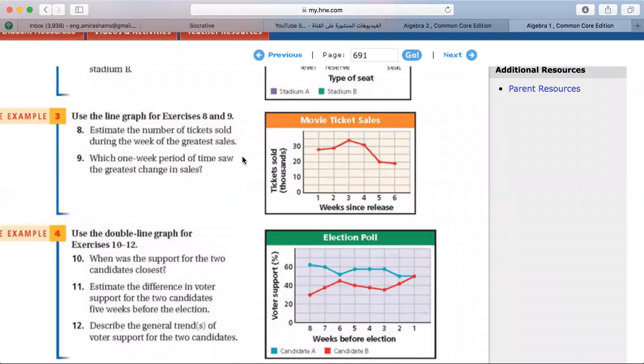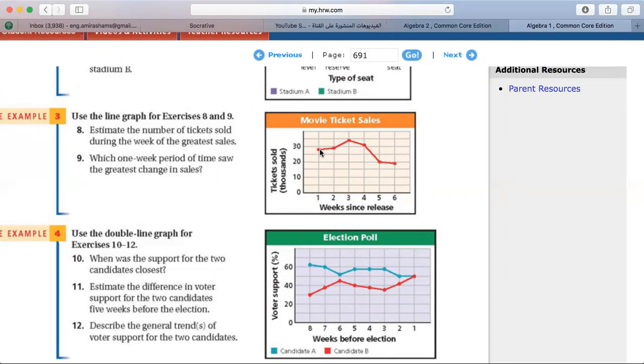Eight and 9, we're going to use a line graph for exercises 8 and 9. Estimate the number of tickets sold during the week of the greatest sale. Let's first remind ourselves about the line graph. The line graph is also another kind of plotting or writing the data that I collected.